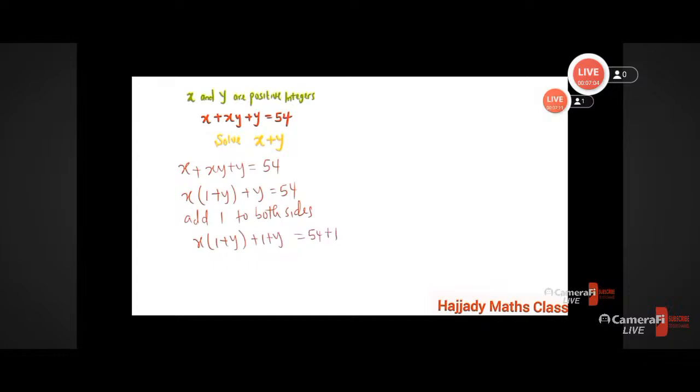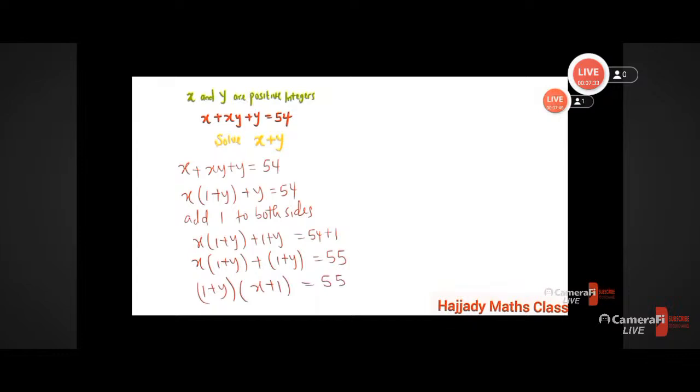So with this, we have x into bracket 1 plus y plus 1 plus y equals 55. So 1 plus y can be factorized from these two expressions. Here we have x plus 1 left equals 55.